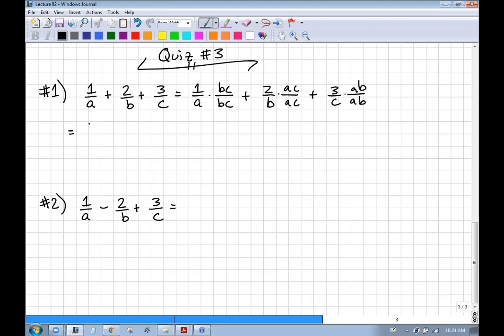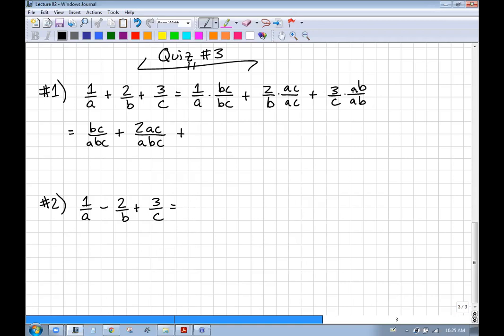So this one here, we have BC times 1, which is just BC, over ABC. And here we have 2AC. And yeah, it's BAC, but that's the same thing as ABC. It's customary to write the letters in alphabetical order.